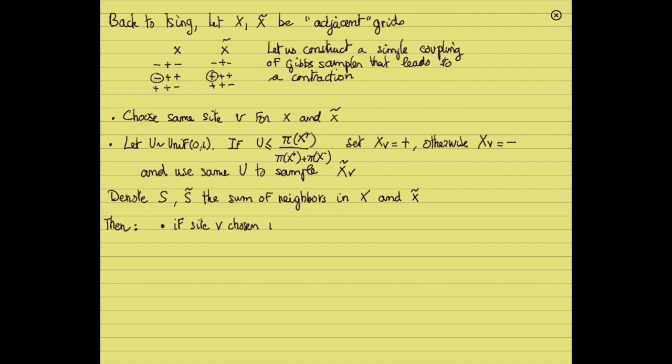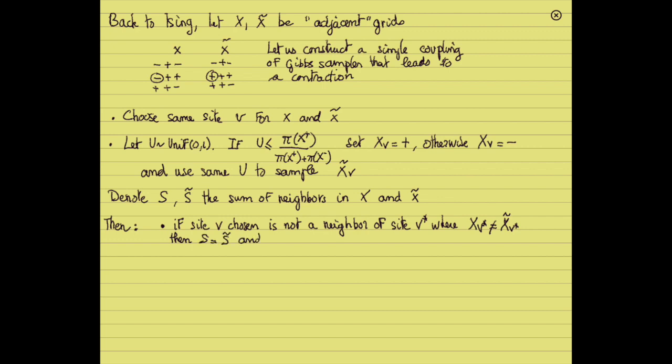And then, if the site V chosen is not a neighbor of the site at which the grids differ, let's call this V star, where X at V star is different from X tilde at V star. So if the chosen site is not close by, then the sums of the neighbors will be the same for both X and X tilde.